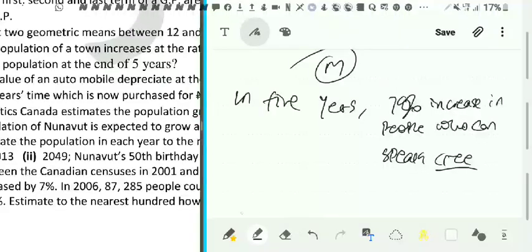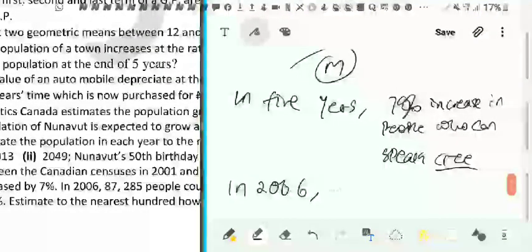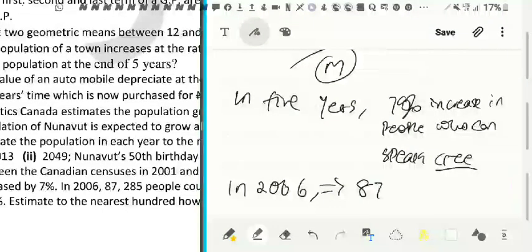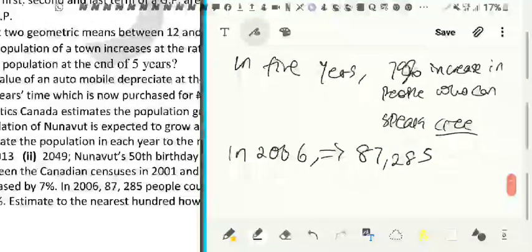Okay, in the year 2006, we had 87,285 people who could converse in Cree.